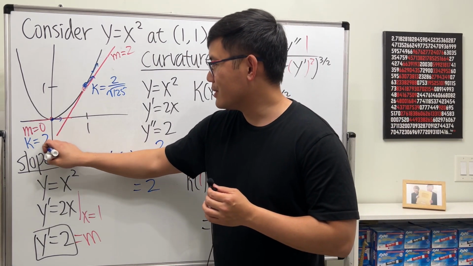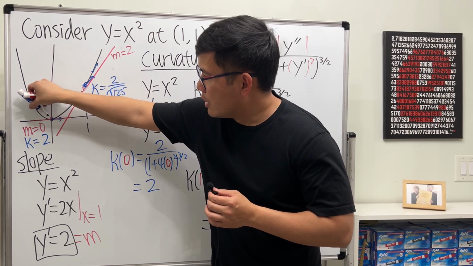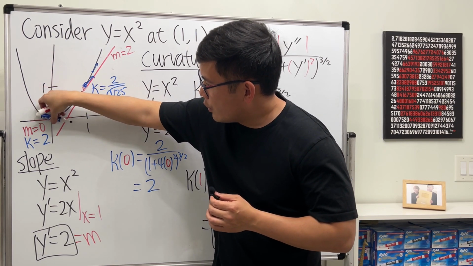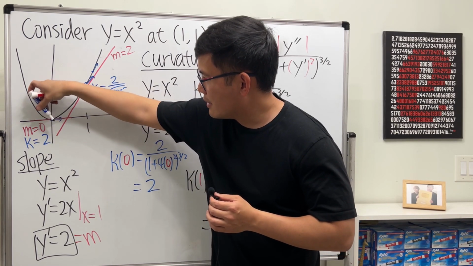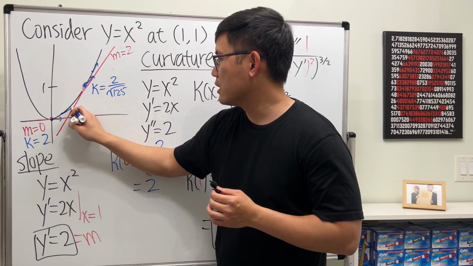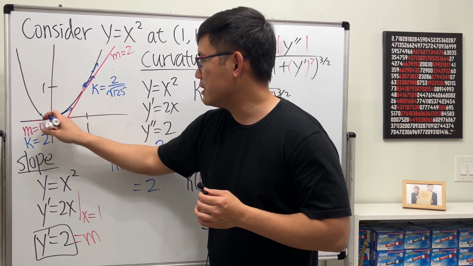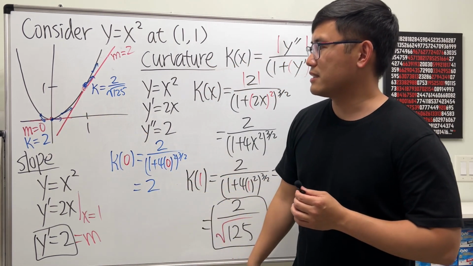So the kappa right here is 2. Because we are coming down, let's say in the usual orientation, right here, we have to turn this much. It's like you have to turn like this. Let me just draw it again like this. It's how much this is bending with respect to the arc length.